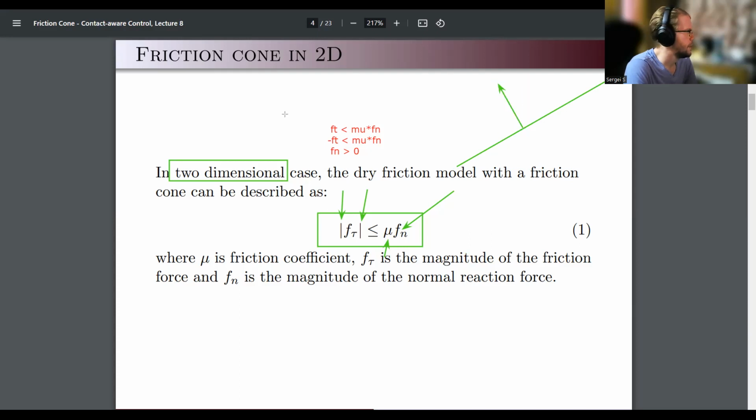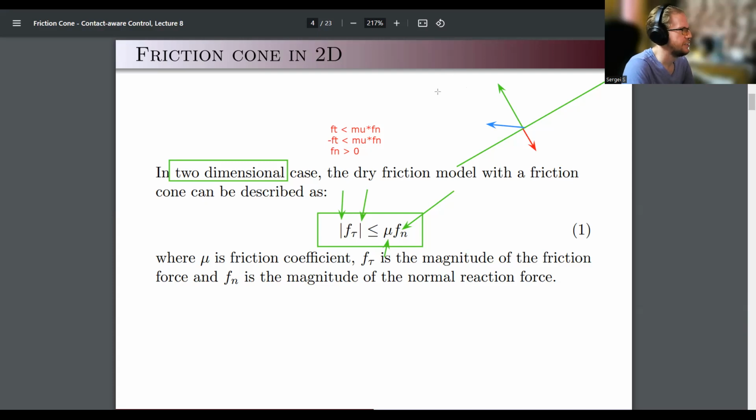A normal reaction force absolutely cannot be like this, right? So it has to push off the ground. The ground cannot pull on the body, right? So the normal reaction force always comes facing away from the ground. Why, for example, don't I draw it like this? It sounds like it is possible.